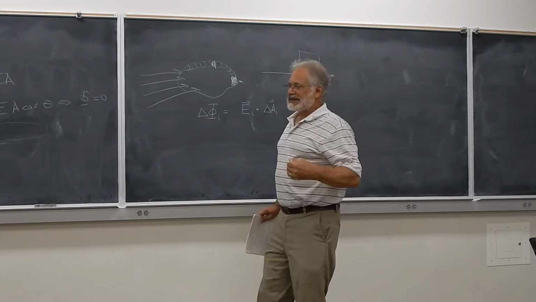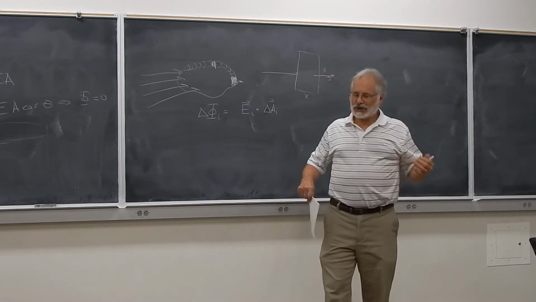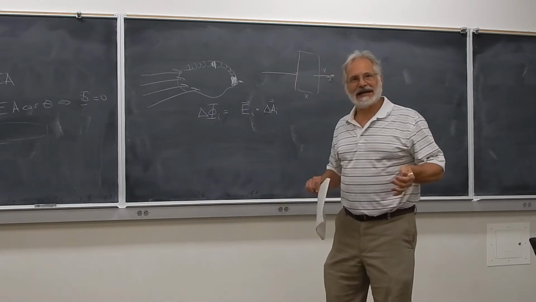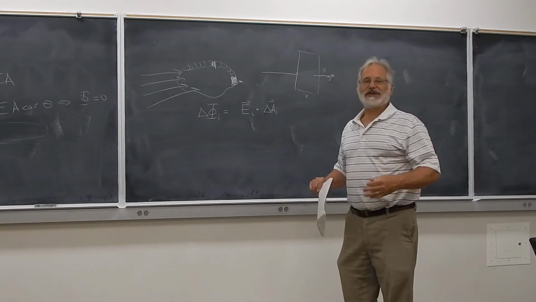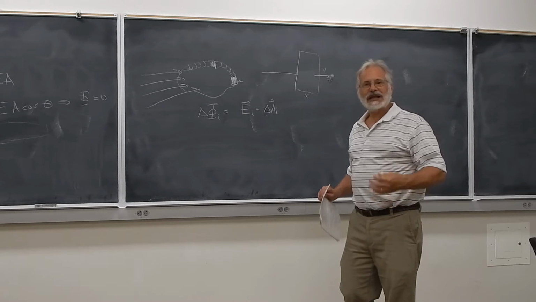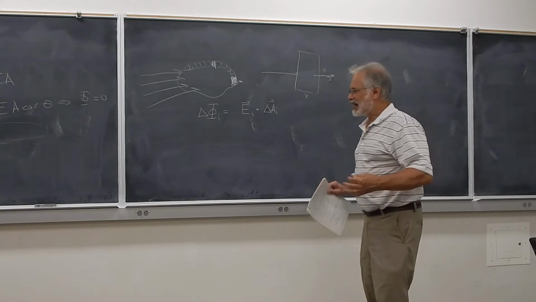So even though it sounds peculiar to talk about area, which we know is a two-dimensional idea, even though it sounds peculiar to talk about a vector, the vector that's associated with that area is always perpendicular to that area.